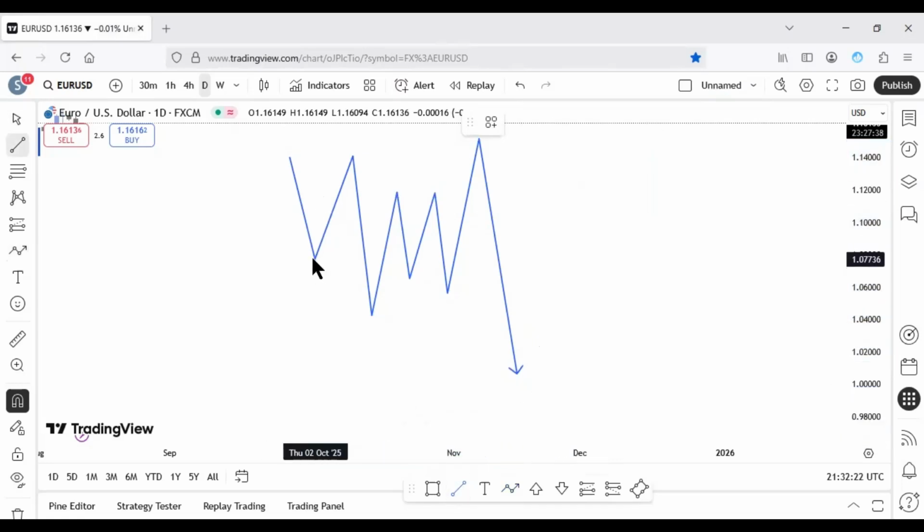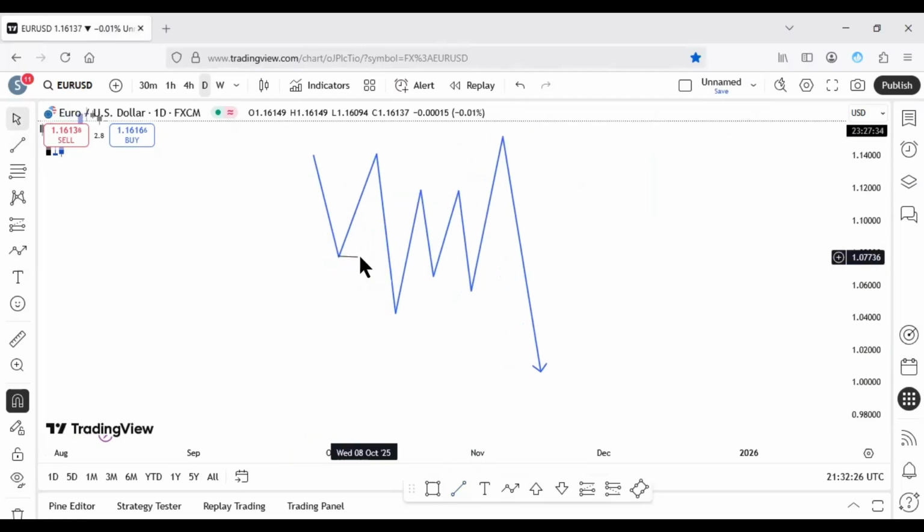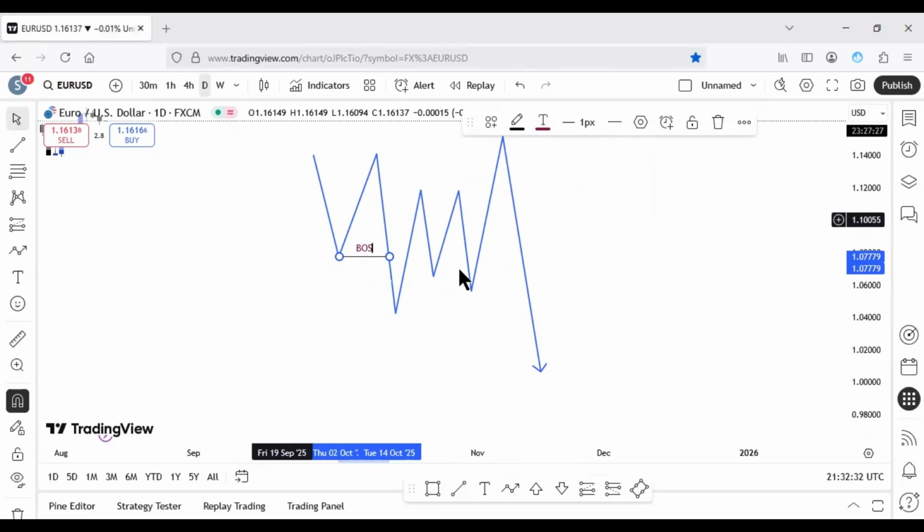So this is a break of structure. That is a break of structure.